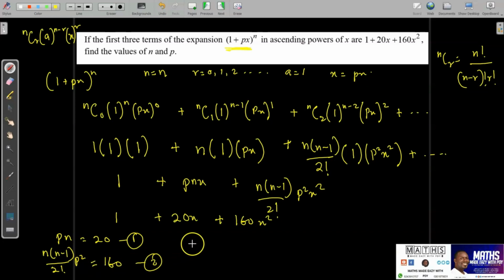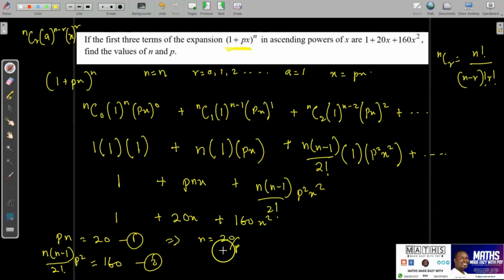To make it easy, I believe the substitution method will be very easy to apply. Let's make n the subject from equation 1. n will be equal to 20 on p.